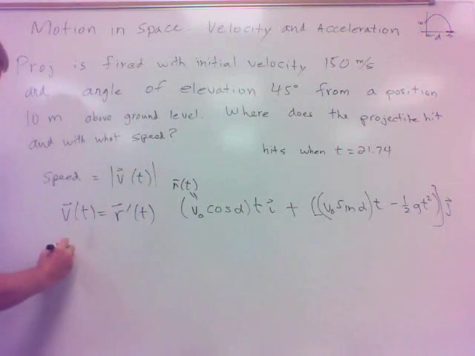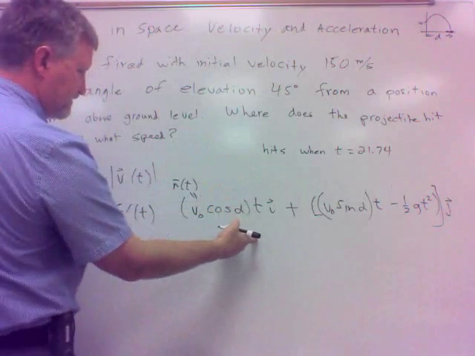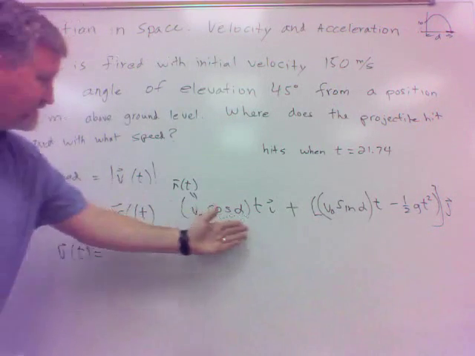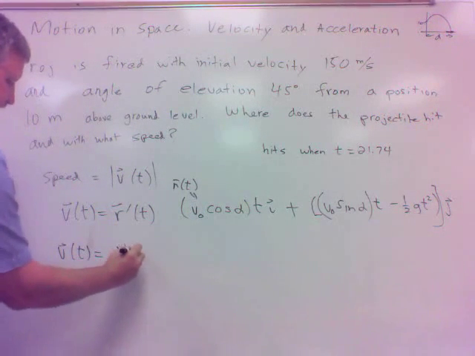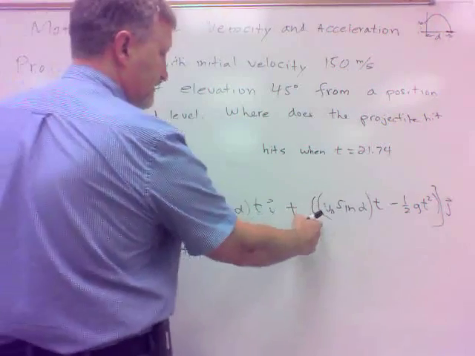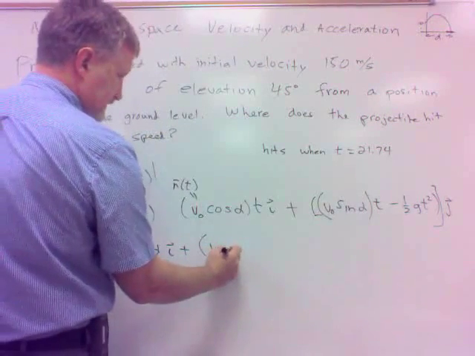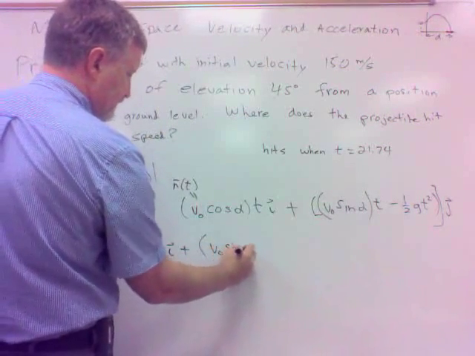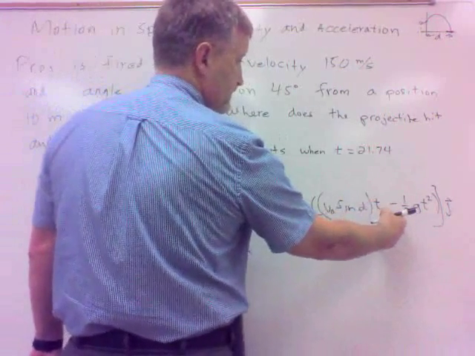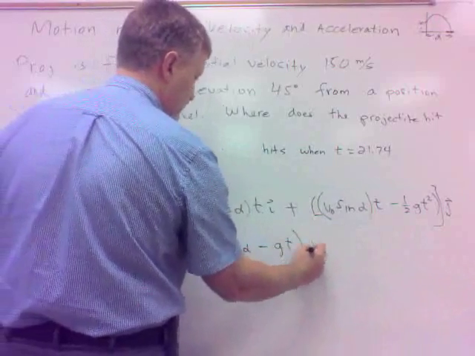And so the derivative of that is v0 cosine of alpha i plus v0 sine of alpha minus g t j.